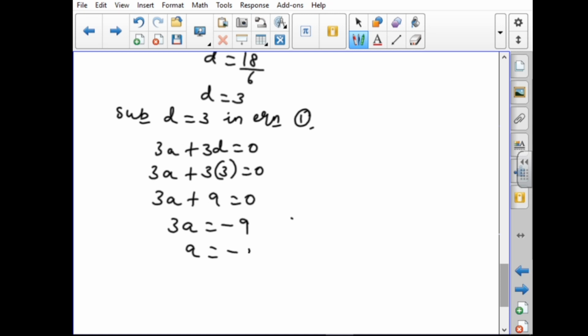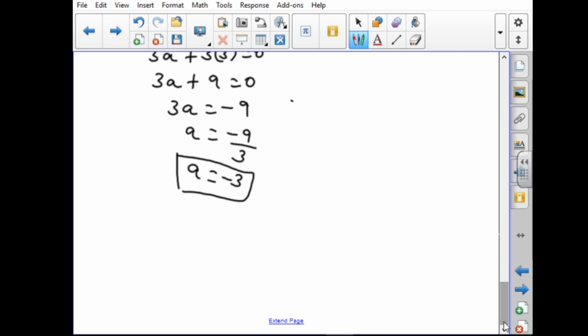A equal to minus 9 by 3. So A equal to minus 3. A equal to minus 3 and D equal to plus 3, we have got it.